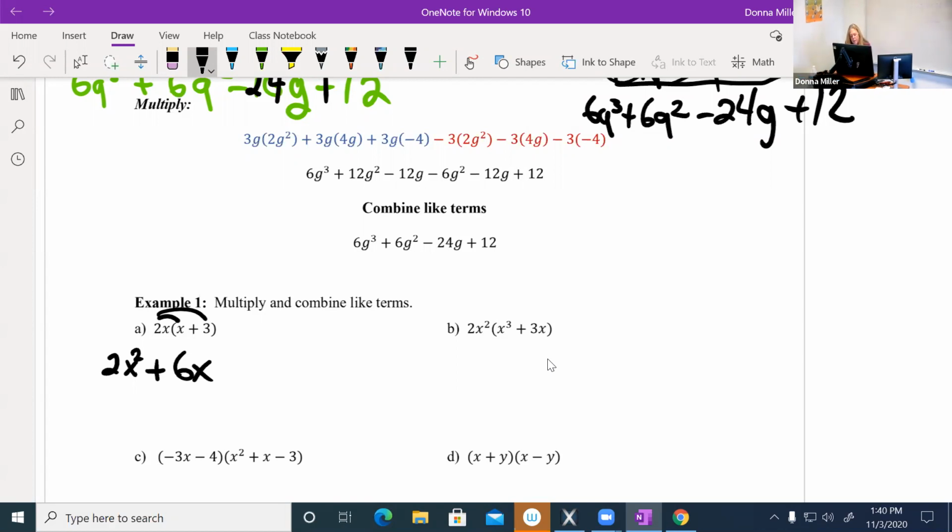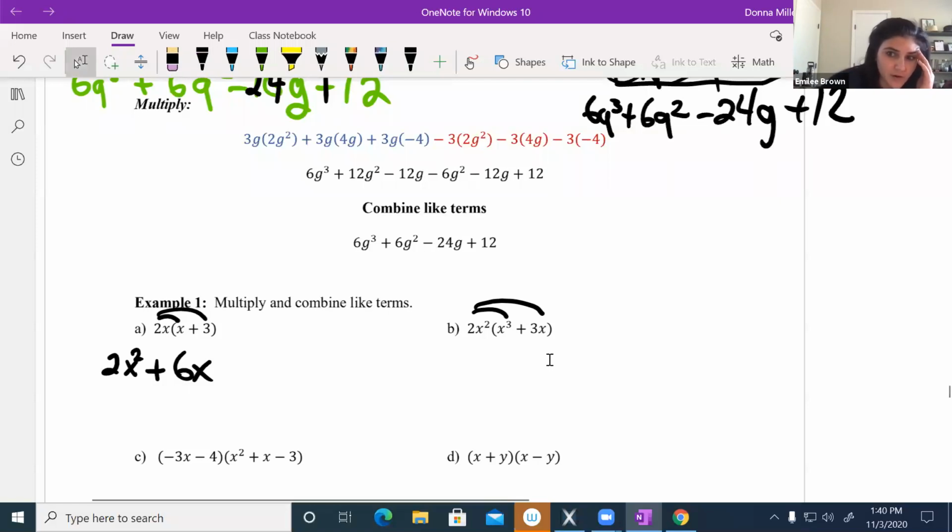The one thing you have to keep in mind, here I'm going to distribute. What's 2x squared times x cubed? Do you just add the exponents when you multiply them, or do you need to multiply the exponents? Remember, exponent rules always hold. So what do I do with the exponents?